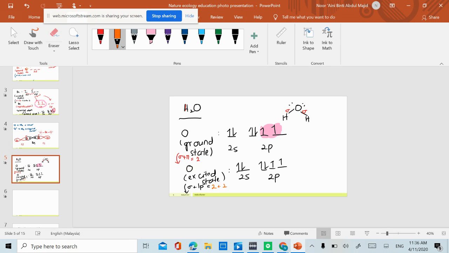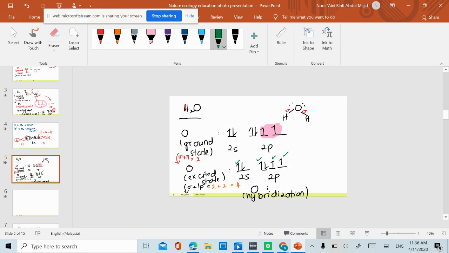And then the next step, you refer to the number of sigma plus lone pairs. 2 sigmas plus 2 lone pairs, altogether is 4. Now starting from s, you count 4. Here 1, 2, 3, 4.